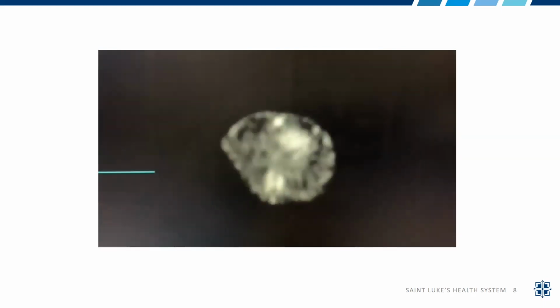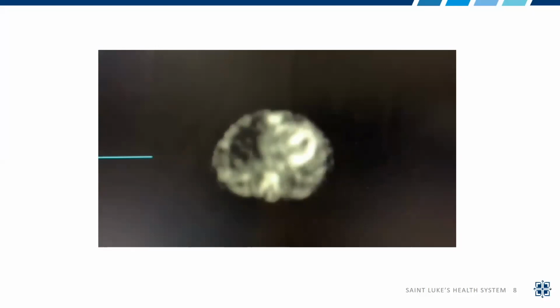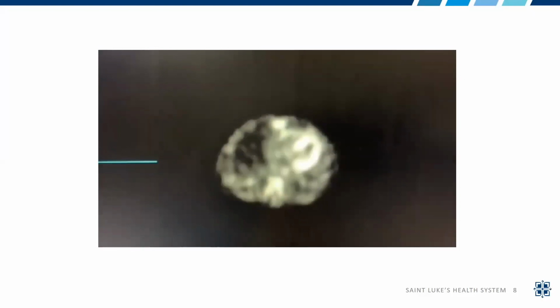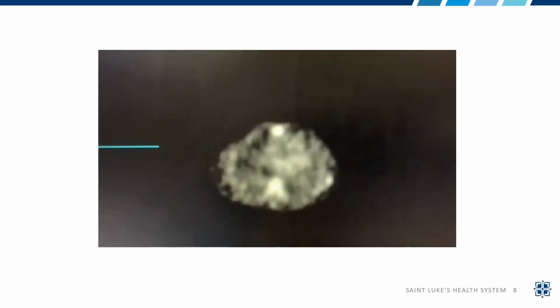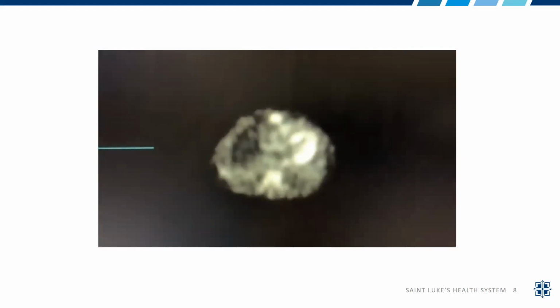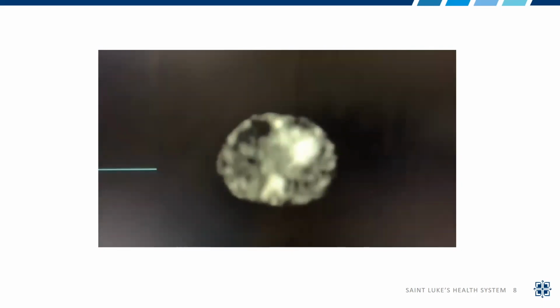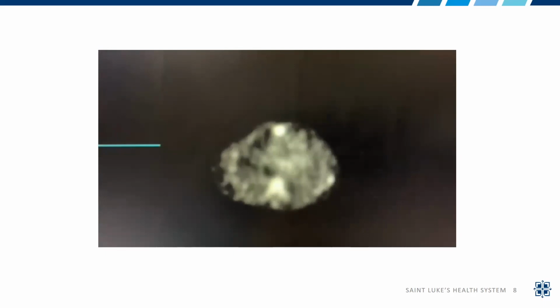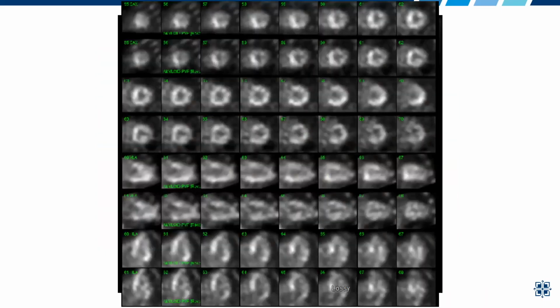From a technologist standpoint, it's very important, obviously, that you make sure that the heart is accurately in the field of view, and that what you're imaging is the myocardial area. Where it gets to be very tricky from a processing standpoint is when you're looking at the SPECT image and you're trying to line that image up.